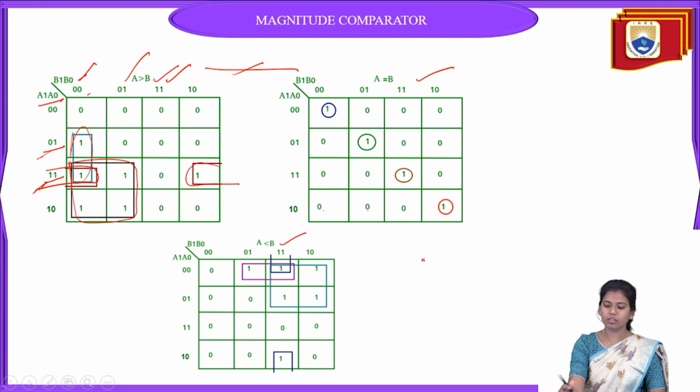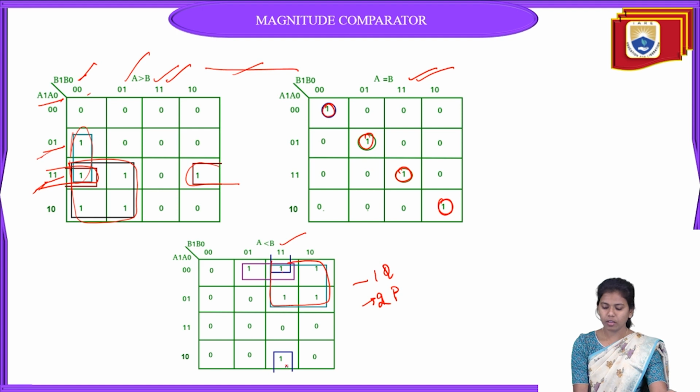After drawing this, coming to A equals to B from the truth table, nowhere am I getting a pair, neither a quad. Only single bits have been observed in the condition for A equals to B. And coming to A less than B, here we are getting one quad and two pairs.